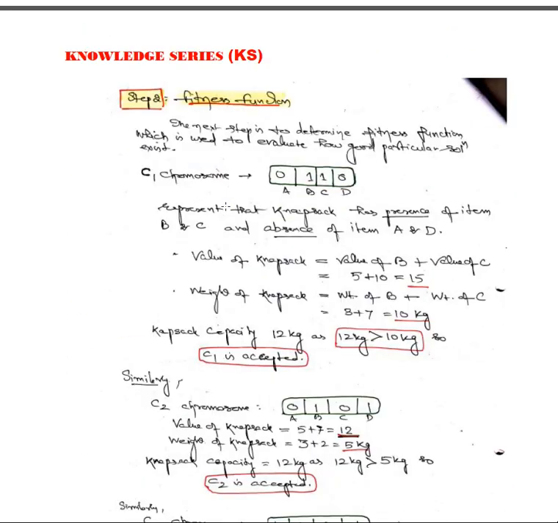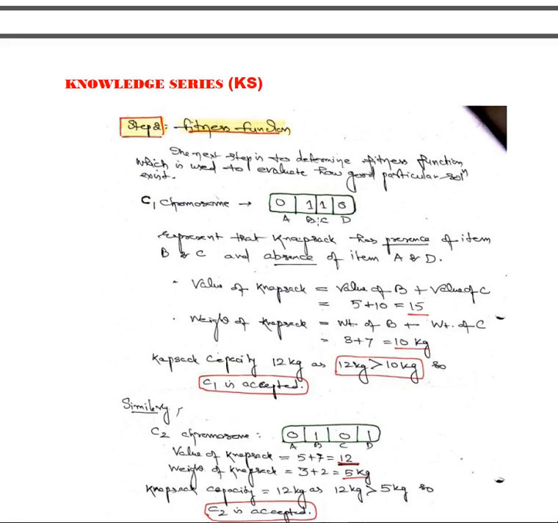Now let us see here. When we go to the next paragraph, you will find the fitness function, because we got the populations. In these populations we have 0, 1, 1, 0. Why 0, 1, 1, 0? That is the first 5 kg. Now in the 5 kg, what is the value? It is specified as these two values, 5 and 10.